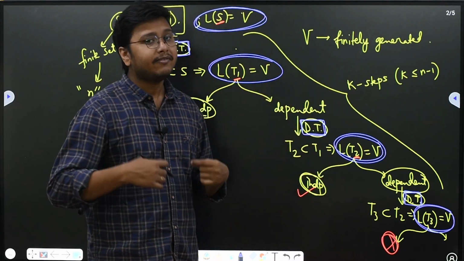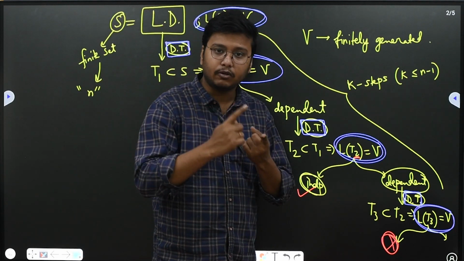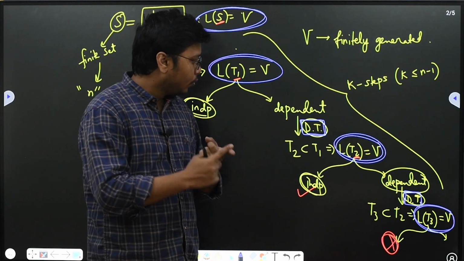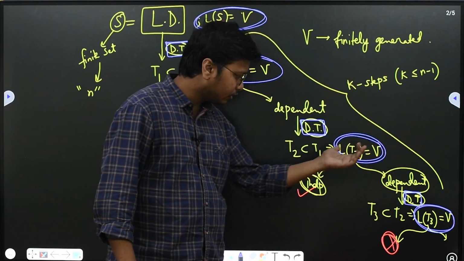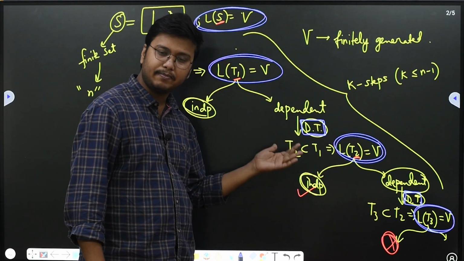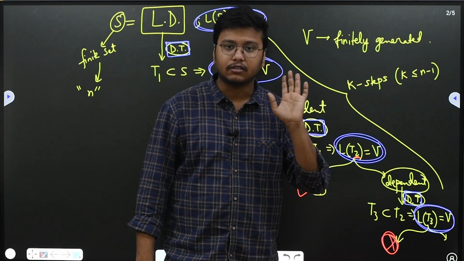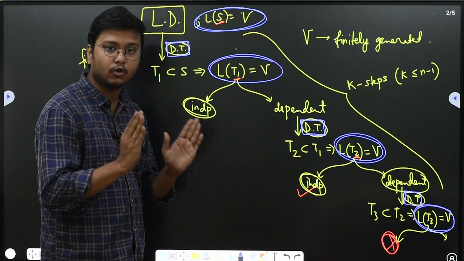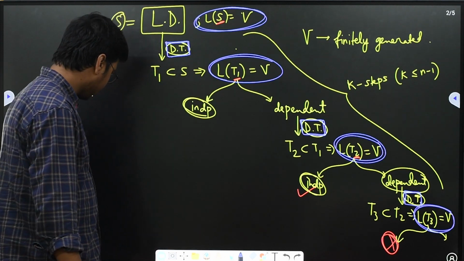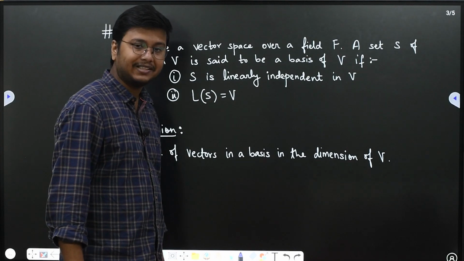Now, why are we interested in the smallest set? That particular smallest set which has generated the vector space V and which obviously has become linearly independent is called the basis of the vector space. So here comes the concept of basis. Alright, so I will come to the definition of basis now.